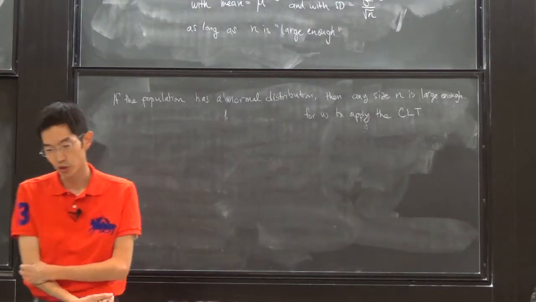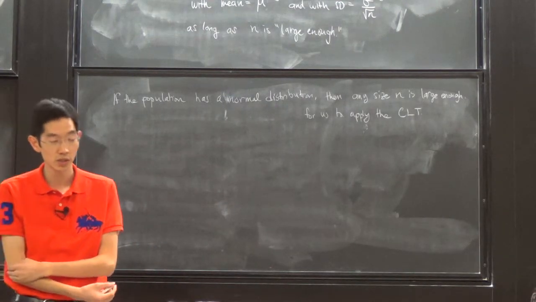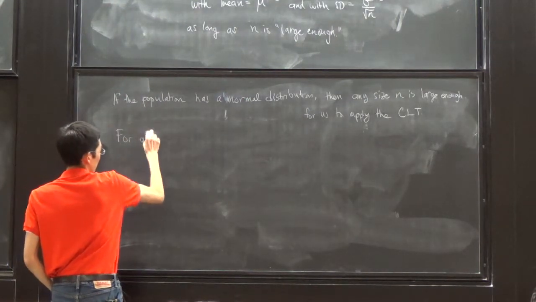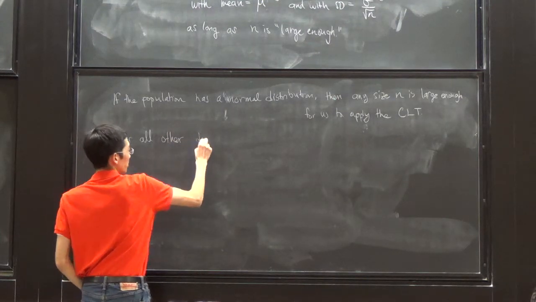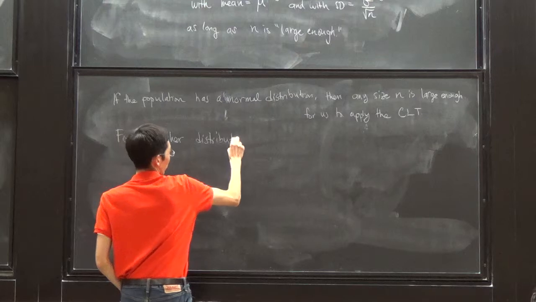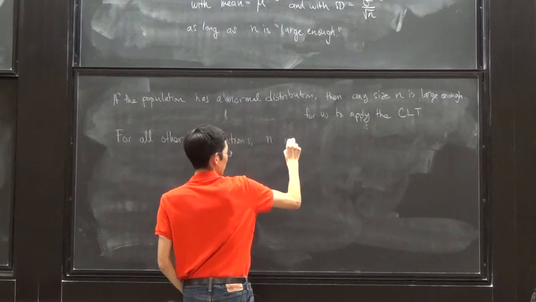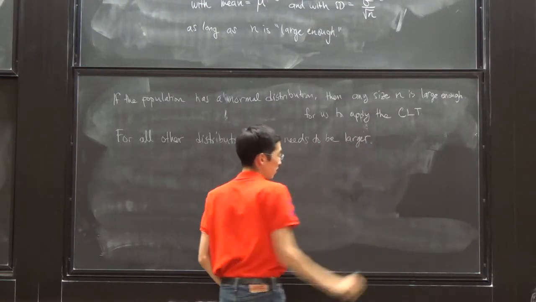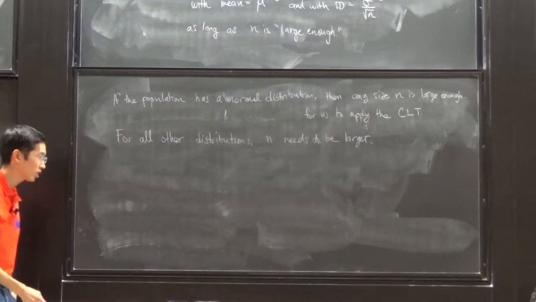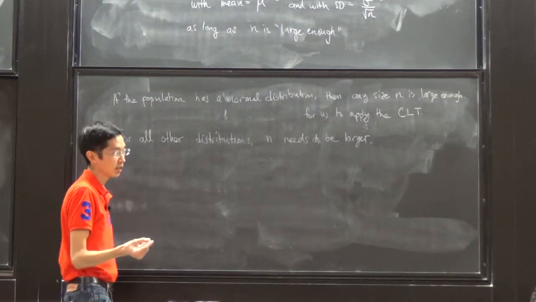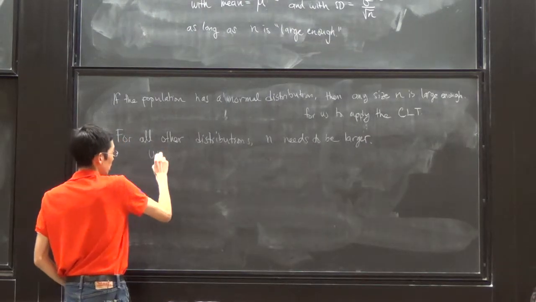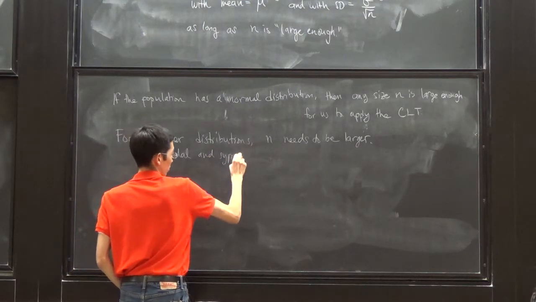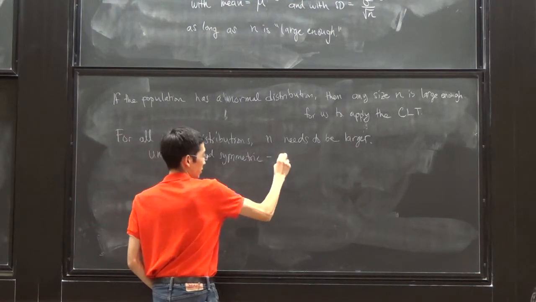For all other distributions, so anything that's not normal, n needs to be larger. In general, for unimodal and symmetric distributions that are not necessarily normal, small samples are okay.